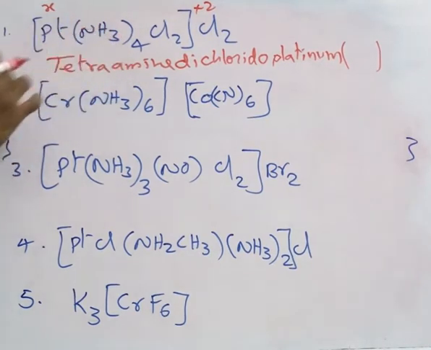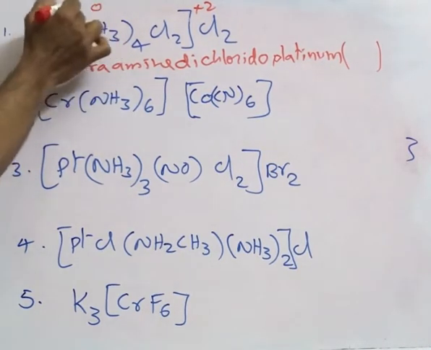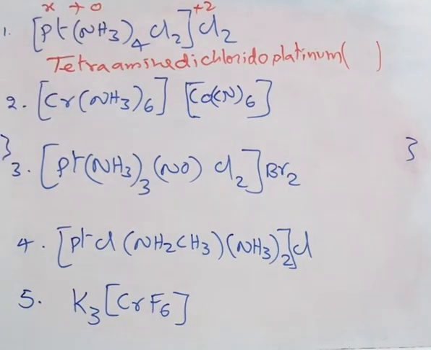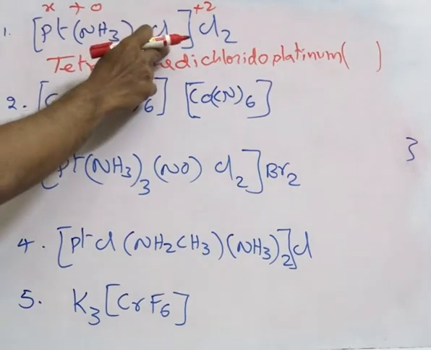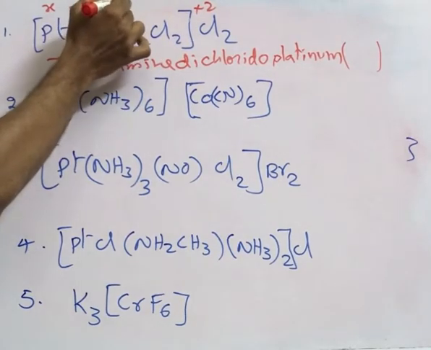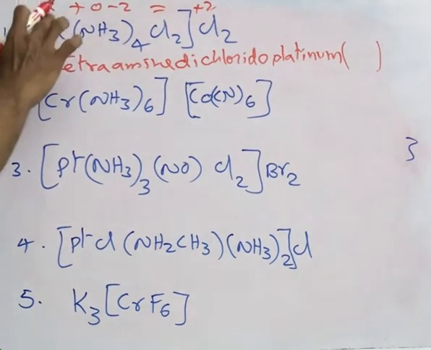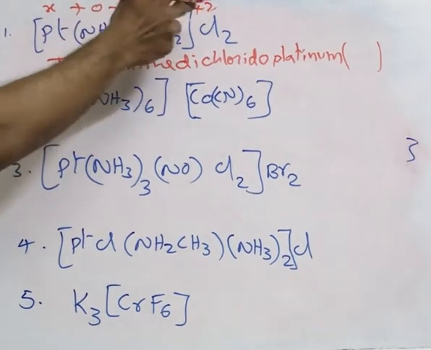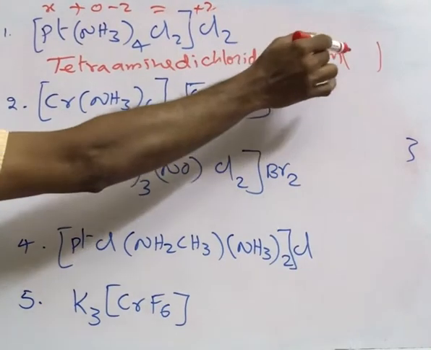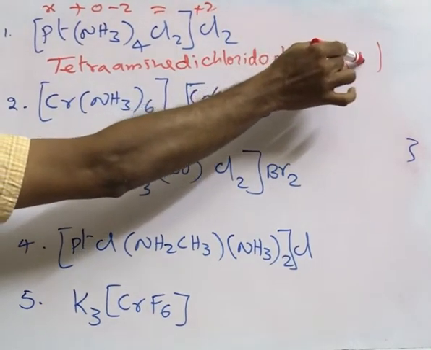Ammonia is a neutral ligand, so oxidation state is 0, 4 into 0, 0. Plus chlorine is -1 and you have 2, so -2. That equals +2. So X equals, -2 goes that side, +4. So platinum is 4, you put in Roman numerals.